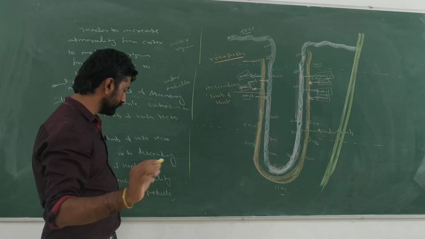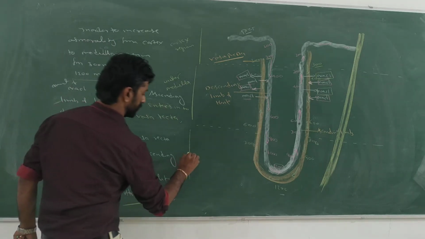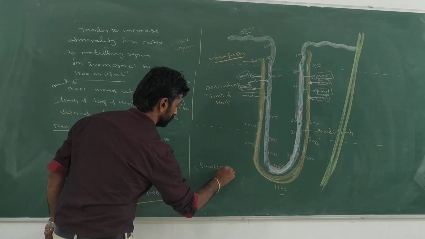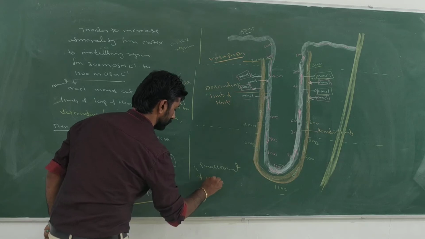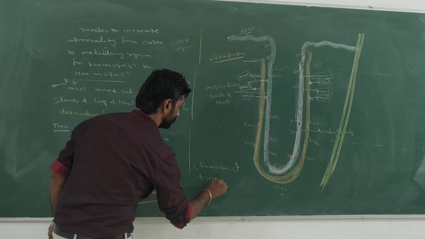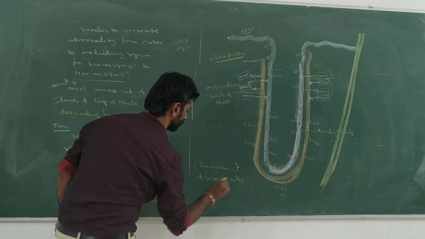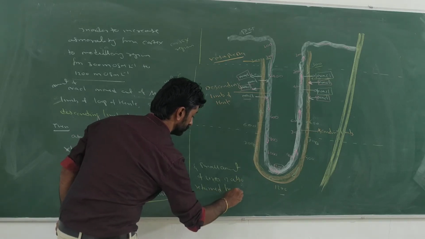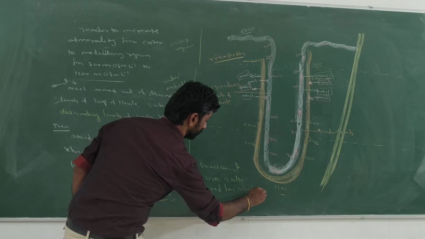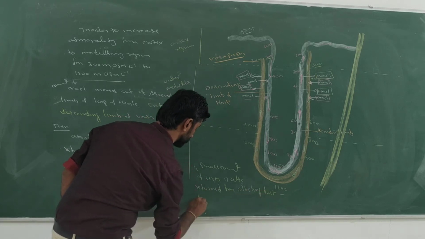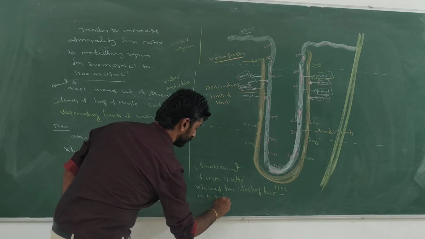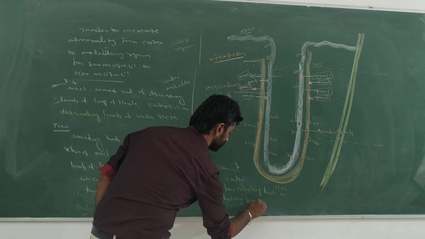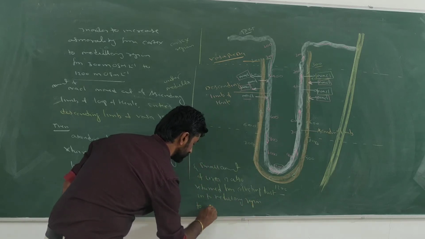Along with this, what happens? A small amount of urea is also returned from the collecting duct into the interstitial medullary region to increase osmolarity.